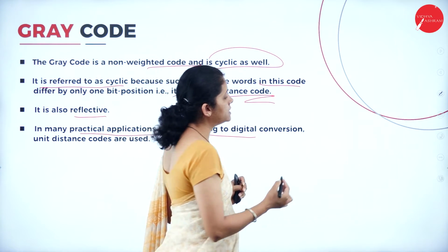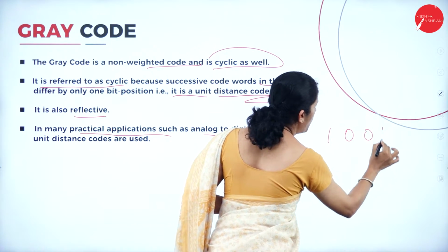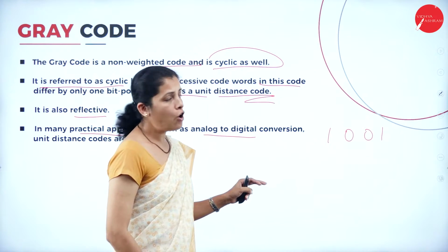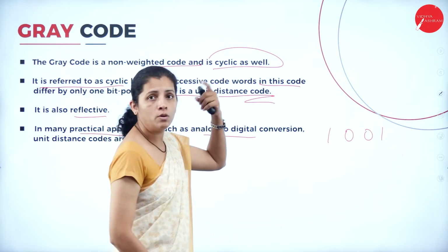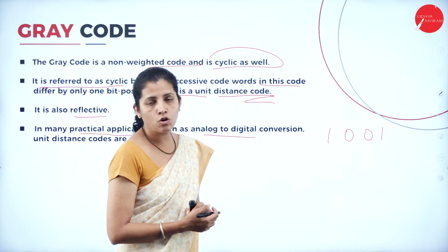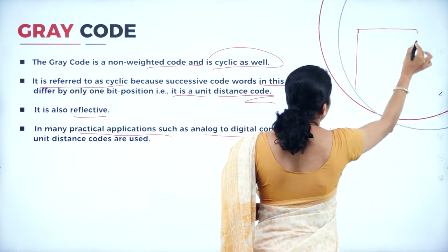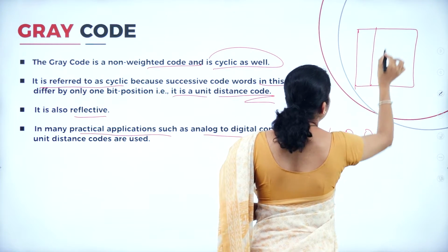Now let me consider the example here. I have 1, 0, 0, 1. To perform gray to binary, I have to perform XOR operation. To perform XOR operation, I want to consider the table.